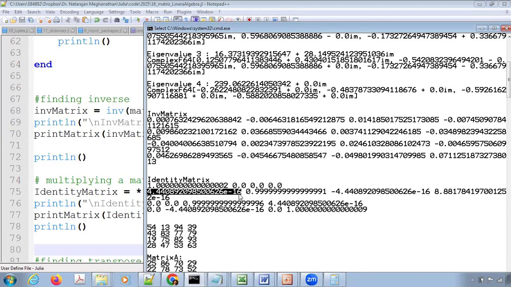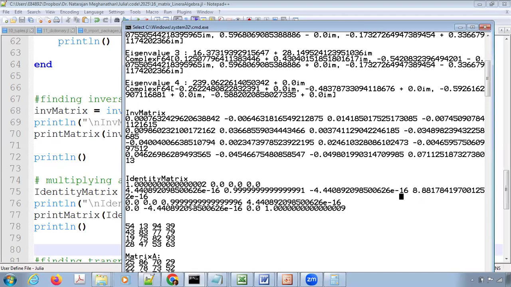This entry is technically 0, because 4.44 something times 10 to the power negative 16 is almost 0. Then followed by 1. Then again, negative 4.44 times 10 to the power negative 16, which is 0, then 8.888 times 10 to the power negative 16, which is technically 0. That means the second row is 0, 1, 0, 0.